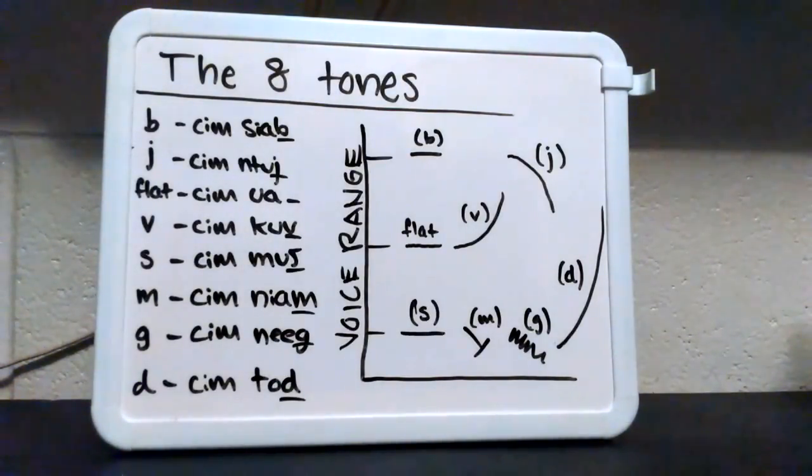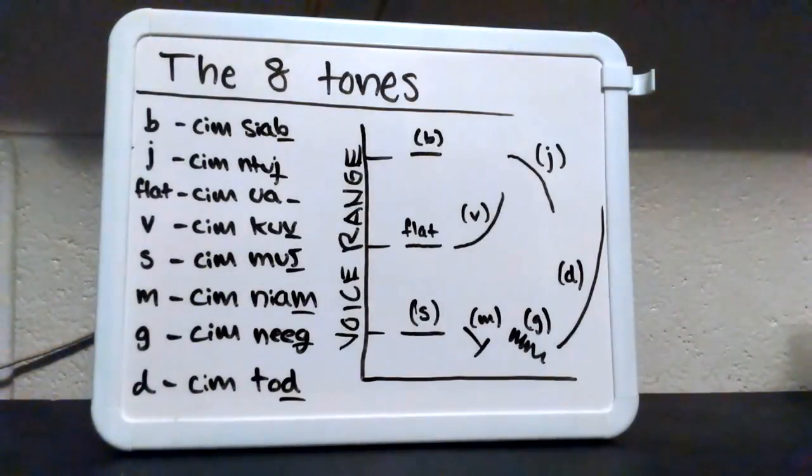So I'm going to go over them real quick again. Let me clear my throat. So the B tone, shia, shia, shia. The J tone, do, do, do. The flat tone, wa, wa, wa.